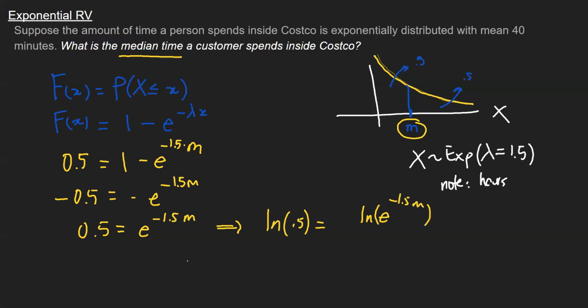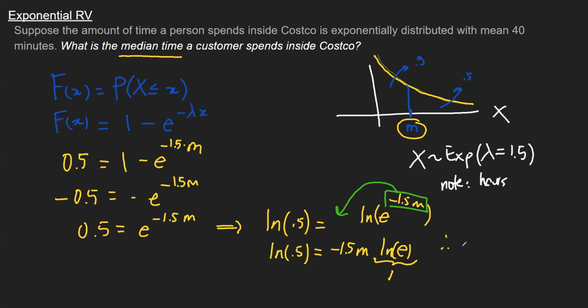And what this will do is my property of exponent allows me to take this exponent here and move it down. So in the next line, I've got natural log of a half equal to negative 1.5 times m times the natural log of e. But the natural log of e is just 1.